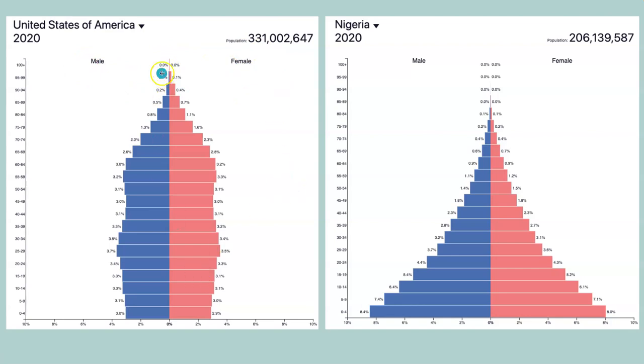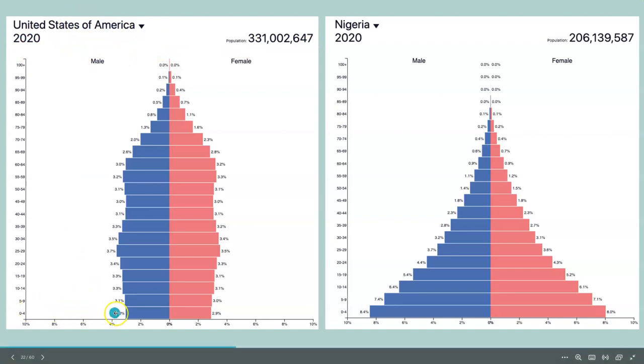So we can see that out of 100 of the male population in the United States in 2020, 3.0% was 0 through 4 years old, compared with 2.9% of the female population in that age group.